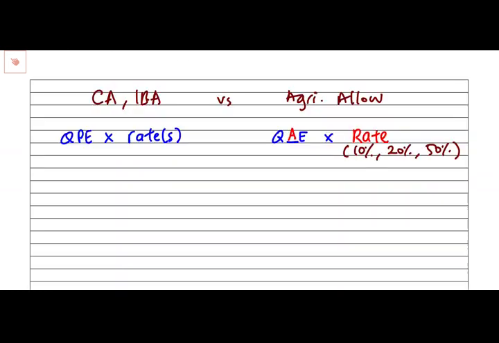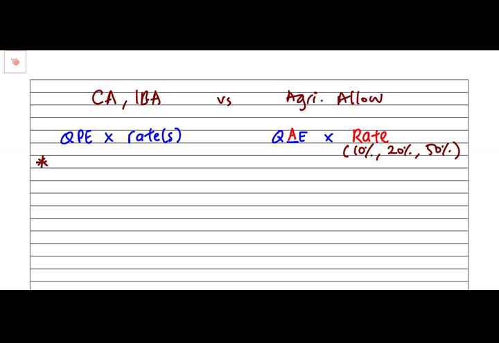Okay, come back. When you claim capital allowance, do you time apportion? If I buy the assets middle of the year or end of the year, does it affect my CA? No, it doesn't affect my CA. Okay, so I don't do time apportionment. So always remember that.